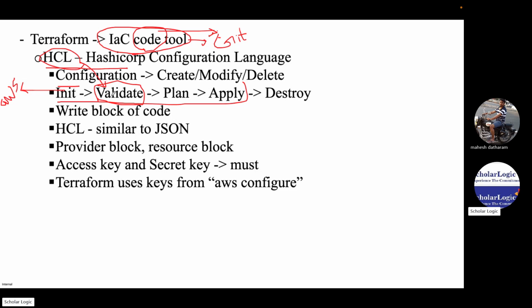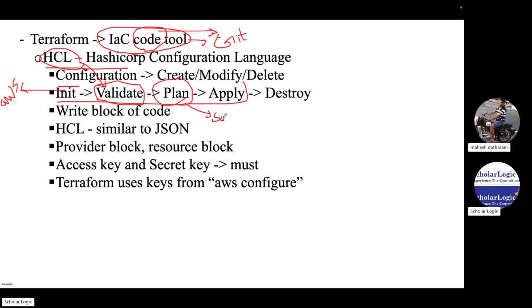Terraform init, Terraform validate. Then plan is all about letting you know exactly what will be created if you use this particular code. It gives you a kind of sample.